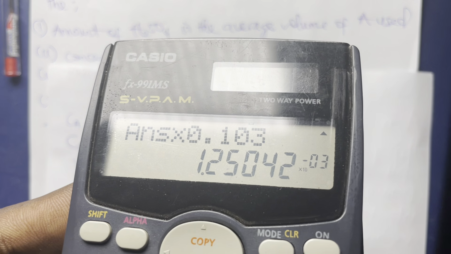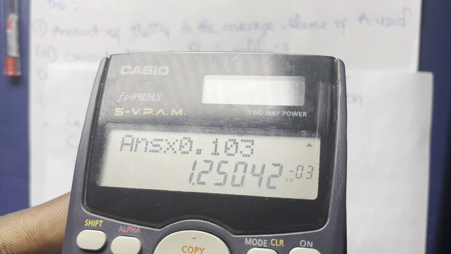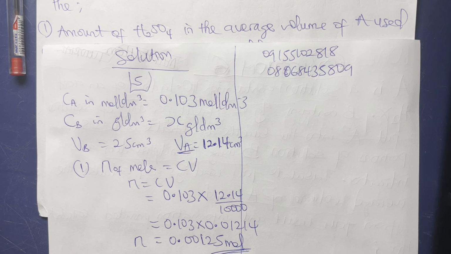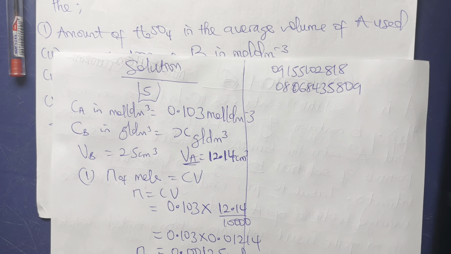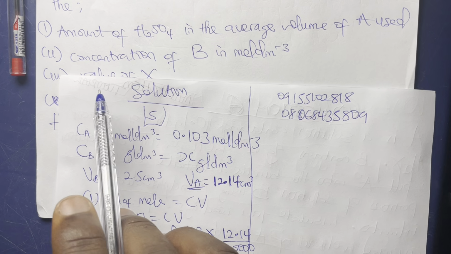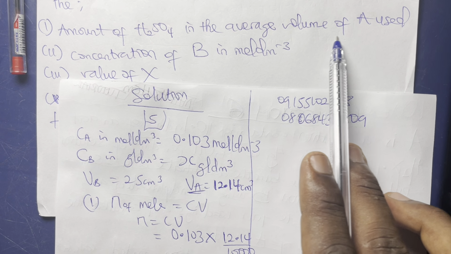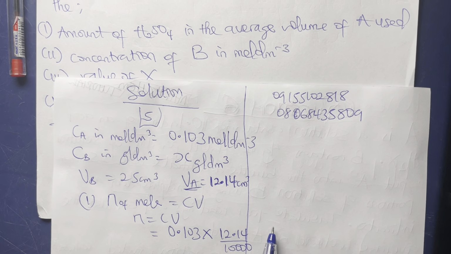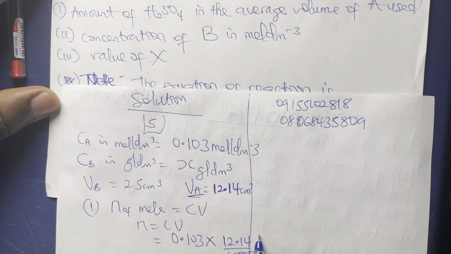That gives 0.00125, so the number of mole equals 0.00125 mole. Sorry, my camera. It's back. All right, so the answer for number 1, the amount of H2SO4, is this mole. Now number 2 says we should calculate the concentration of B in mole per dm cube.